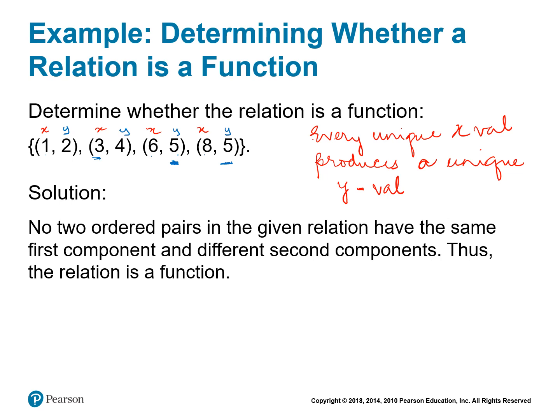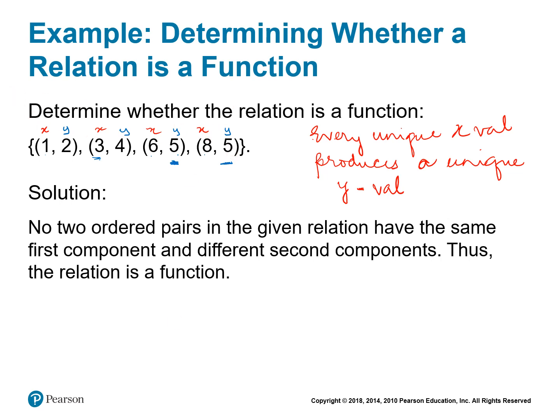It's not that the same x value is mapping to two different y values. So note the difference between the two. We can have the same y value mapping to two different x values. That's fine. Here, 6 produces 5 and 8 produces 5. It still is a function.